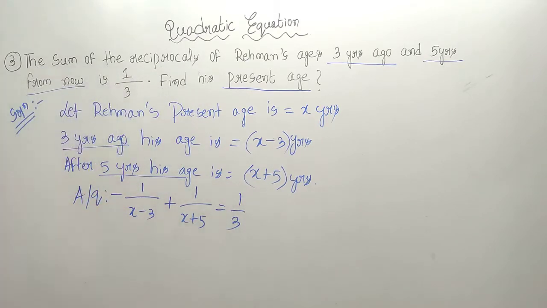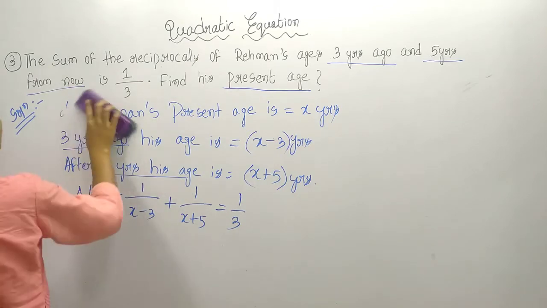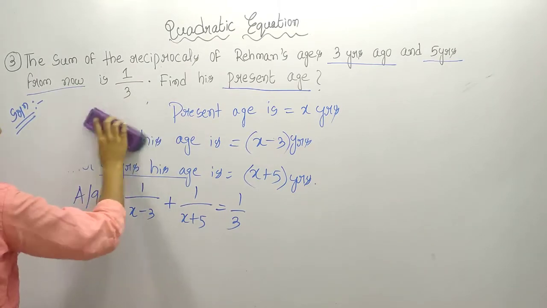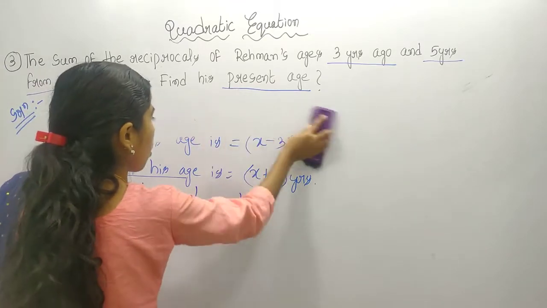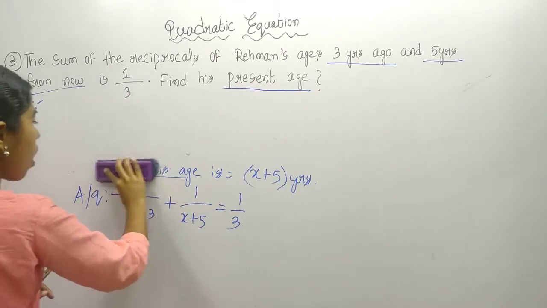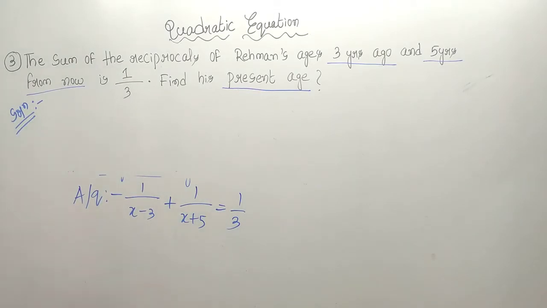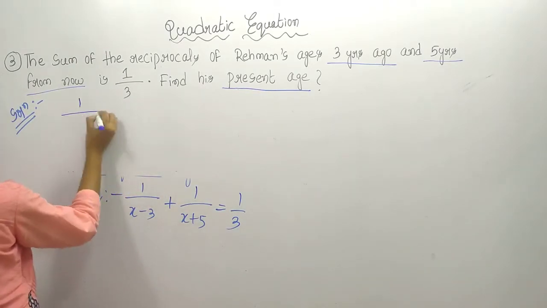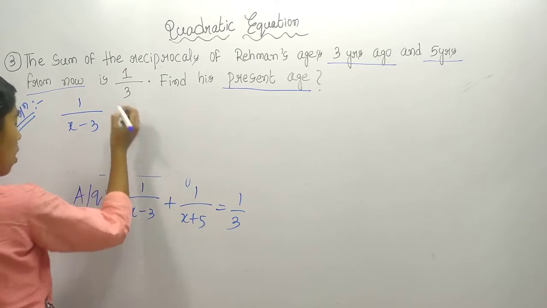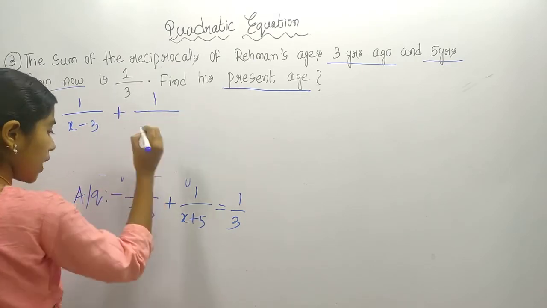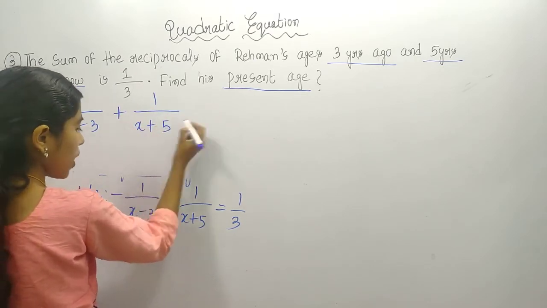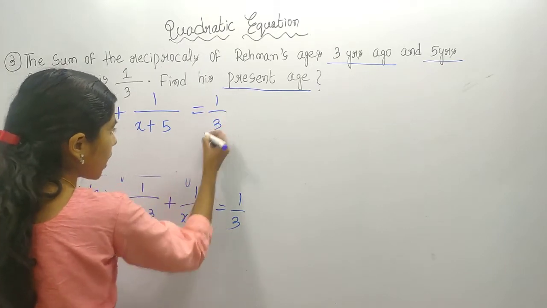So let's solve this. So here we will write 1 divided by x minus 3 plus 1 divided by x plus 5 equals to 1 divided by 3.